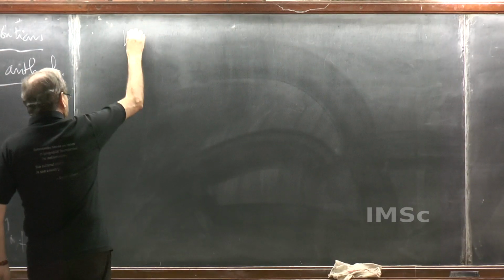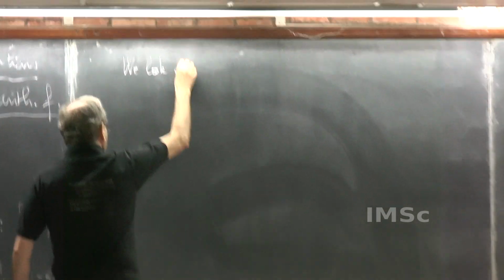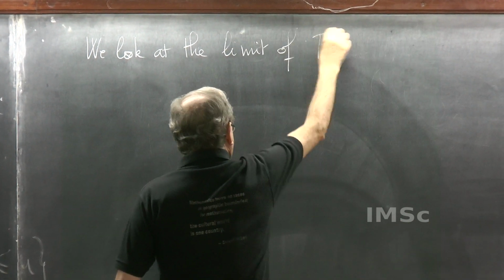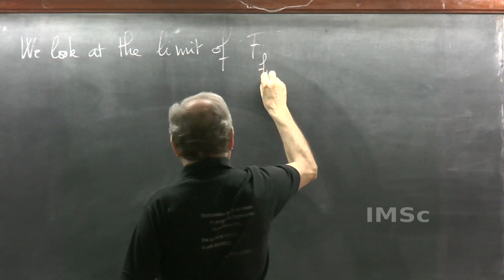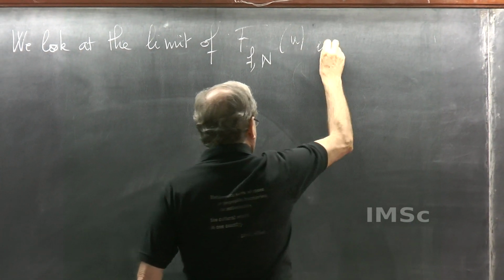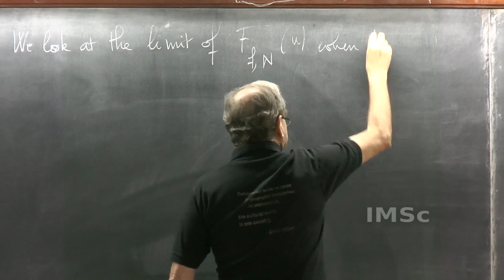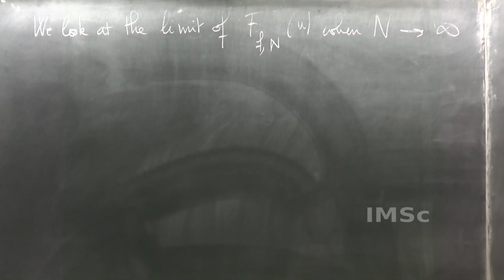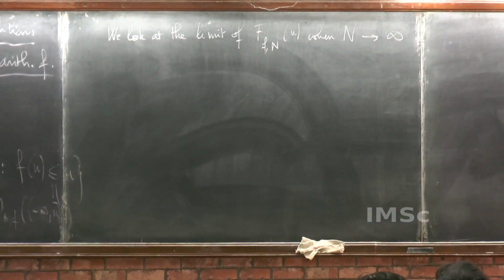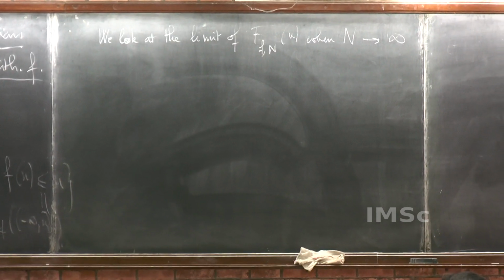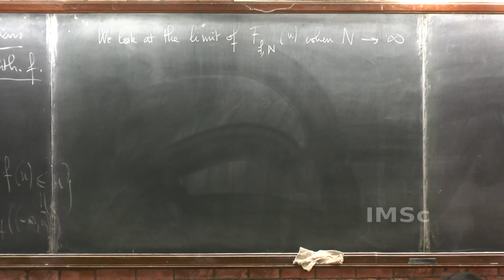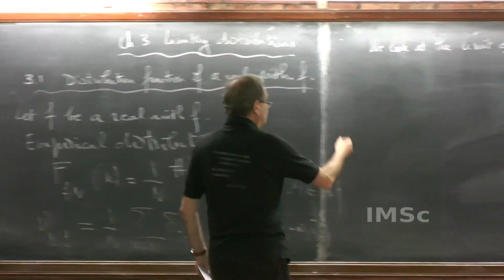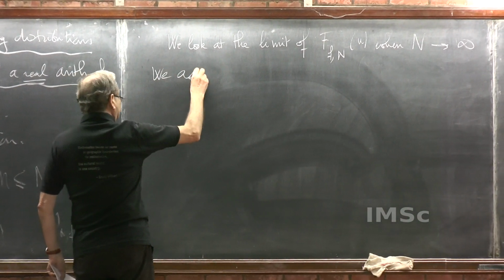So we look at the limit of F_N^f of u when N tends to infinity. And we assume that it exists. If it doesn't exist, we are done. We say there is no limit. Then the limit, you can find it in a different way. You can find it with a logarithmic measure or something like that, but we're just looking at this, so we assume it exists.